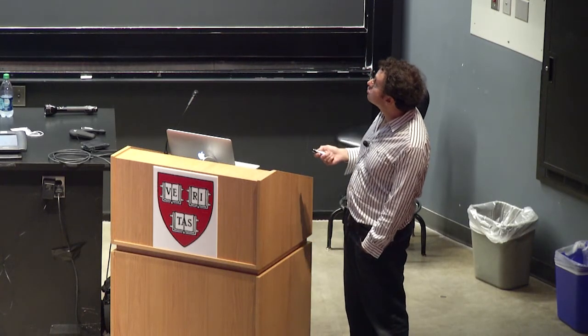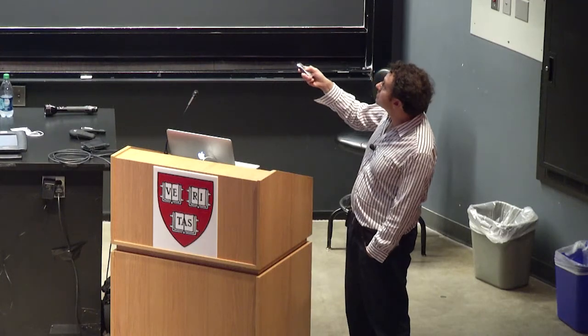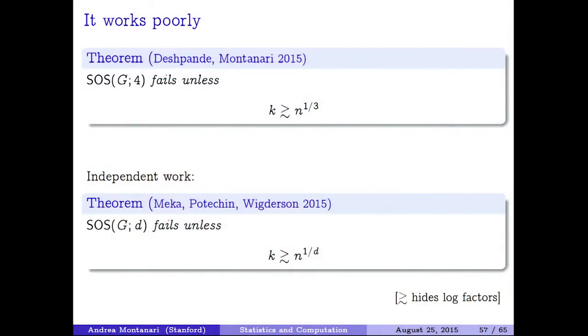Okay, so there are two theorems. We had a theorem that came up earlier this year that proves that if you look at level 4, this requires k to be at least n to the 1/3. Unless k is n to the 1/3, this very complex method will fail.